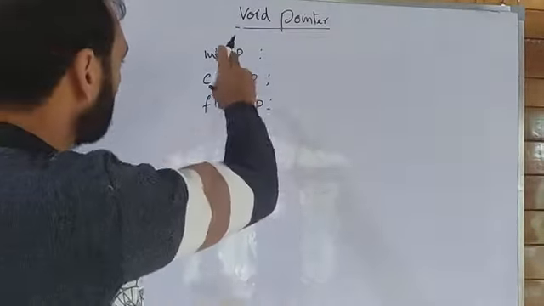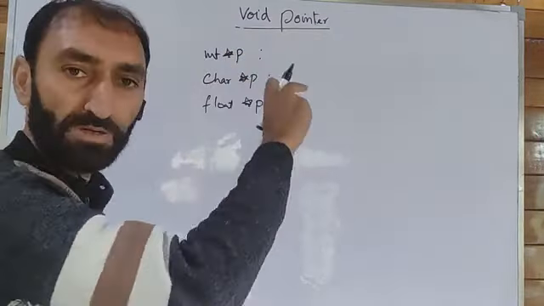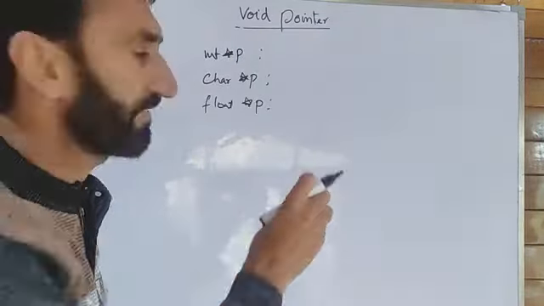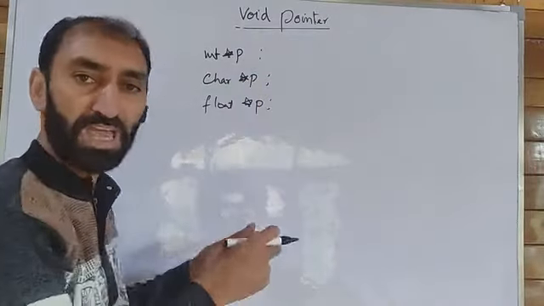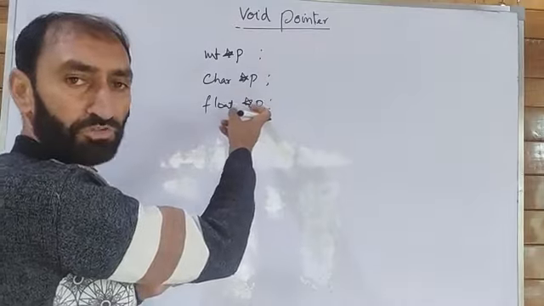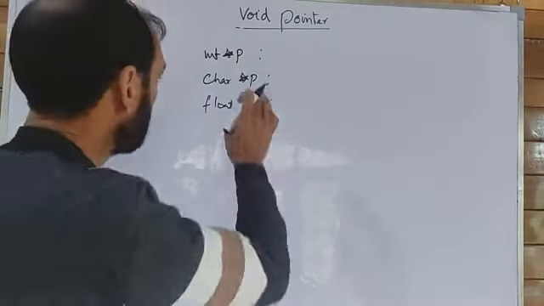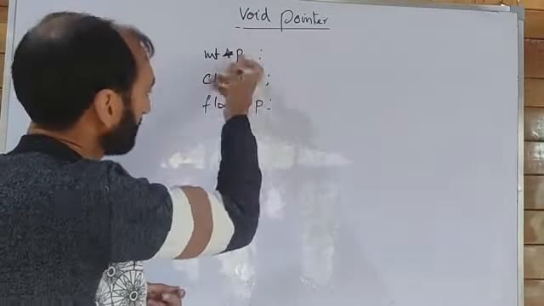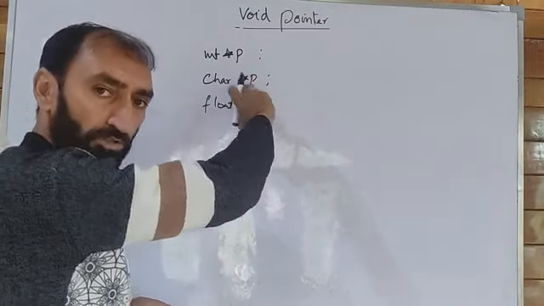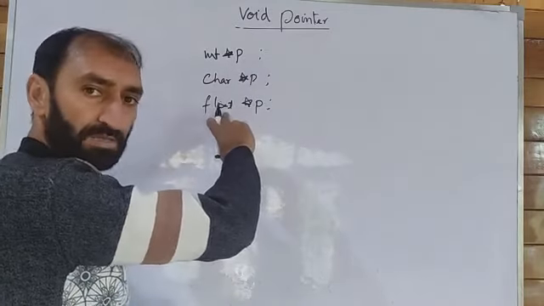This means that this p is the pointer that stores the address of the integer variable. And this p stores the address of the character variable. And this p stores the address of the float variable. So, this is a pointer to integer, we can say integer pointer. This is a pointer to character, or we can say character pointer, and this is a pointer to float.